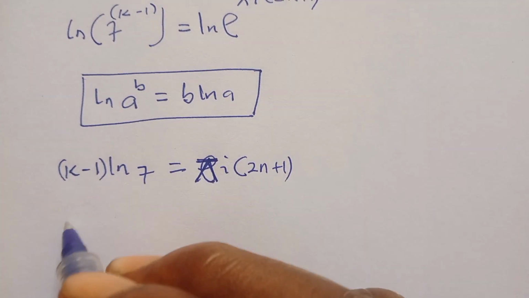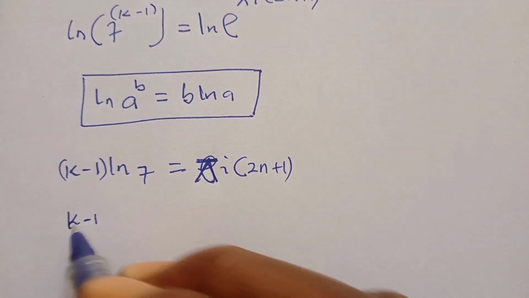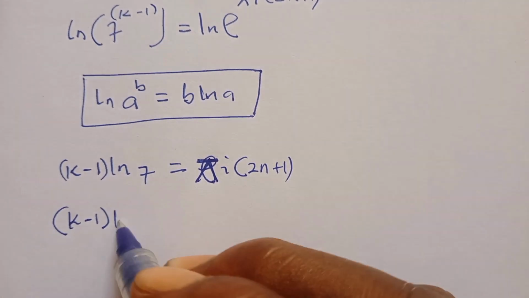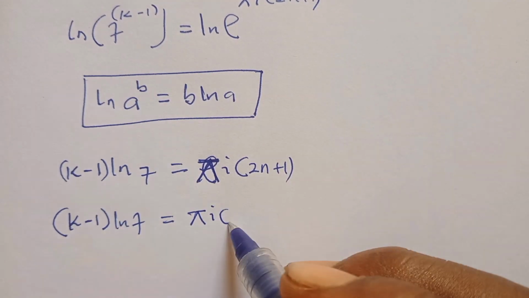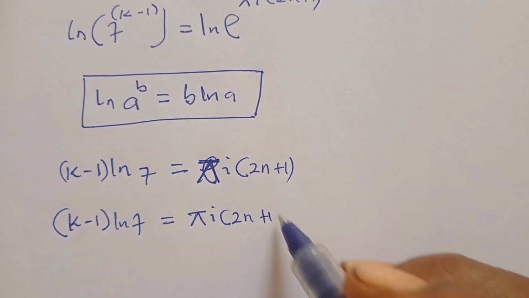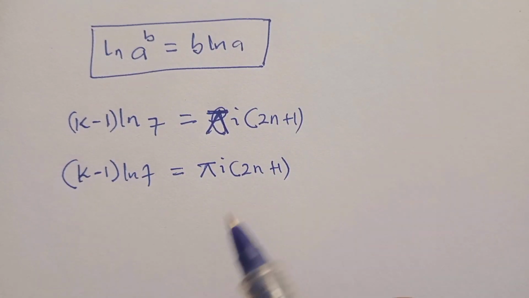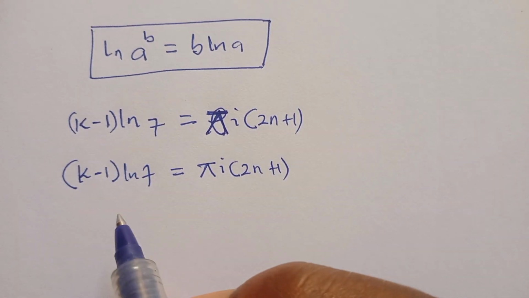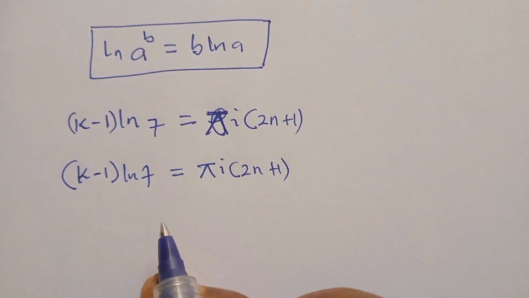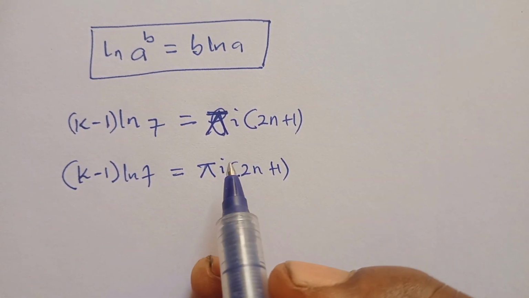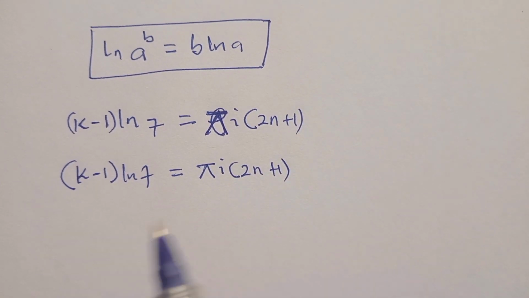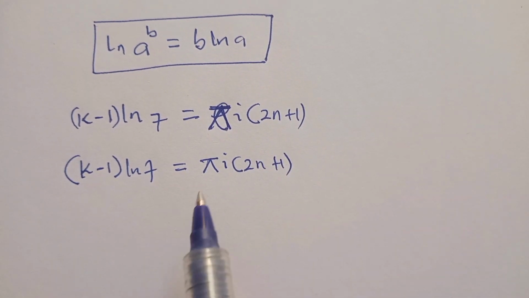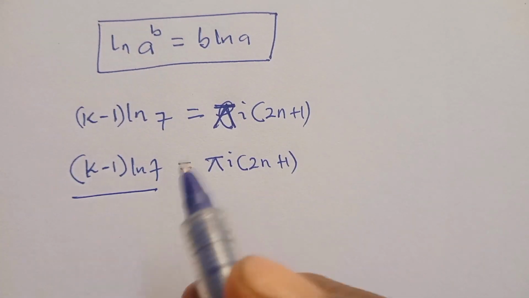So now this is what we are left with: k minus 1 times ln of 7 gives us pi i into bracket 2n plus 1. Let's now divide through by ln of 7.